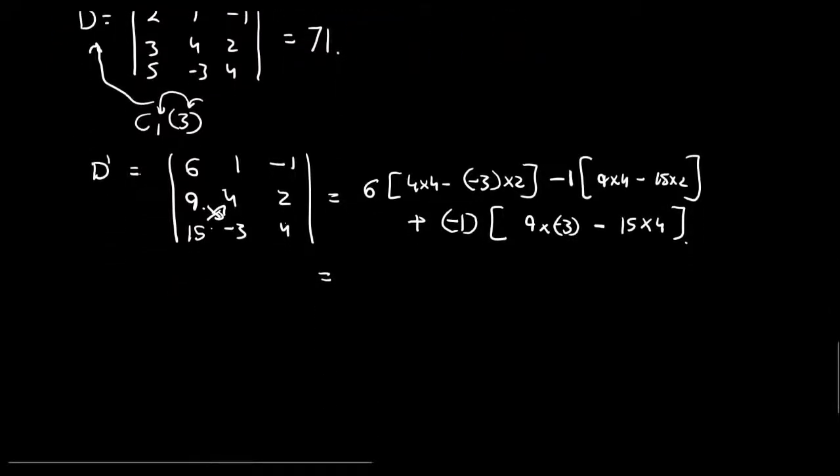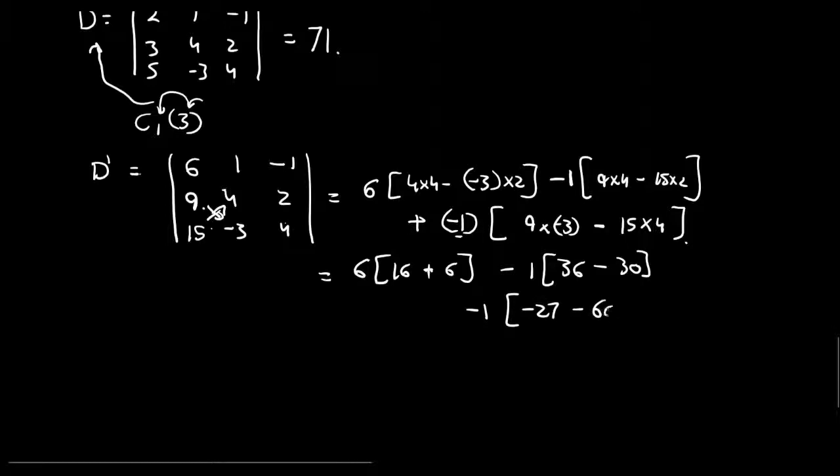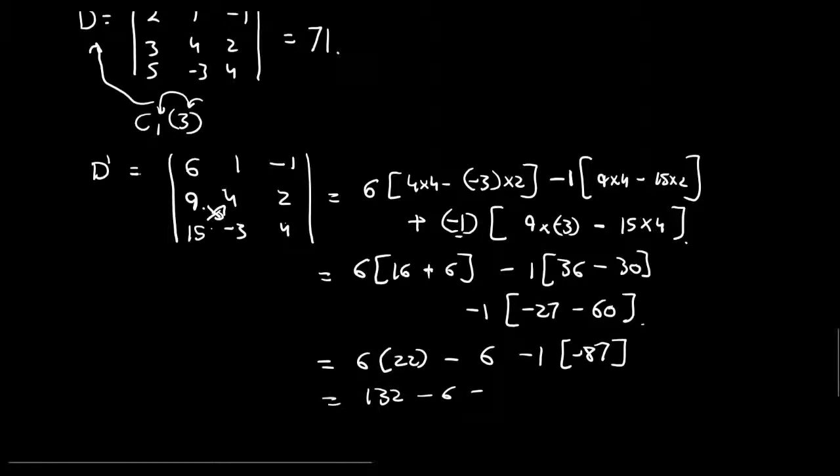The value that we get is 6 times (16 plus 6), minus 1 (36 minus 30), minus 1 (27 minus 60). So the value that you get over here is 6 times 22 minus 6 minus 1 times minus 87, which gives us 132 minus 6 plus 87, right? Which gives us 213.